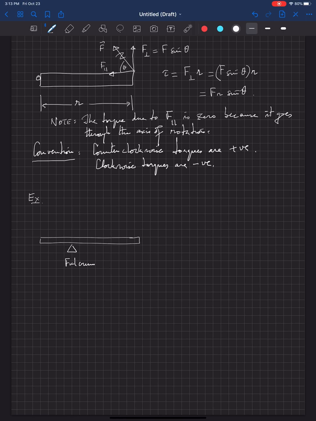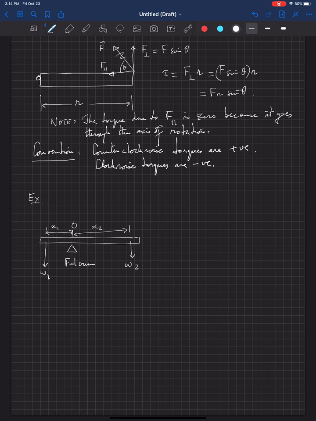Let's put a weight here, which is W1. Let's call the fulcrum to be at some point called O. Let's put a weight W1 at a distance X1, and another weight W2 at a distance X2. All right, so that's the problem.